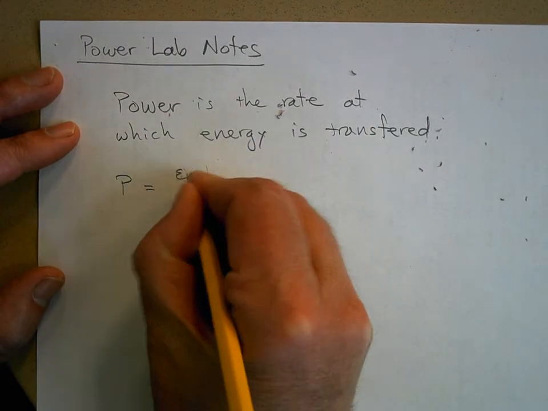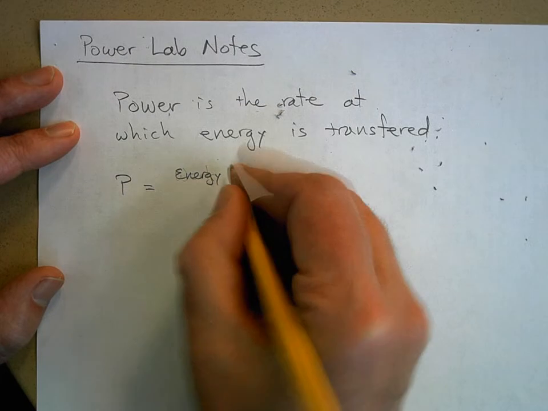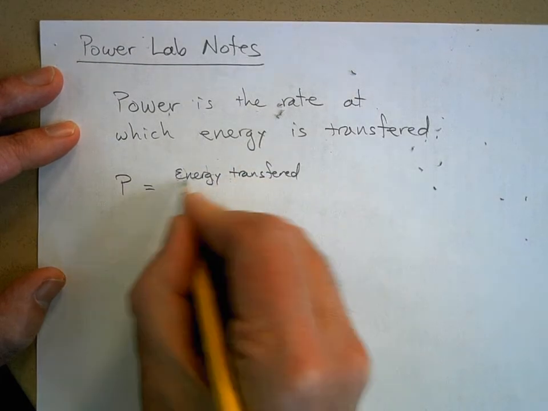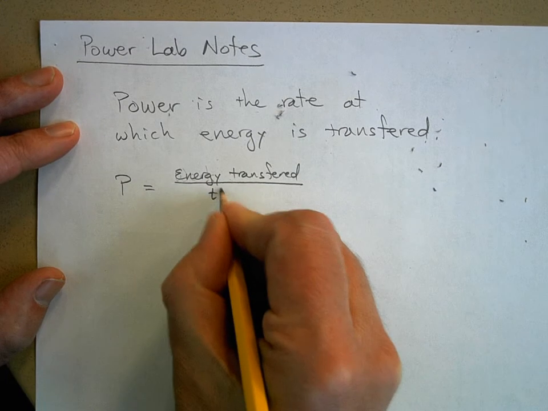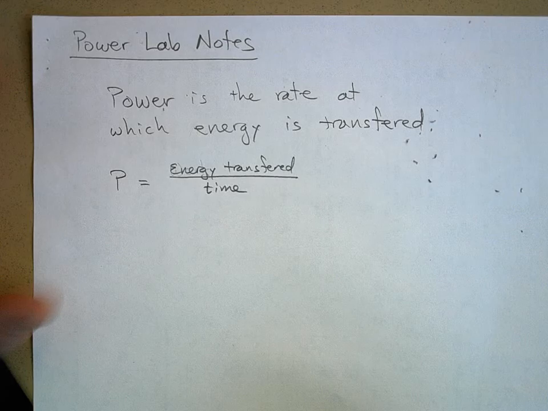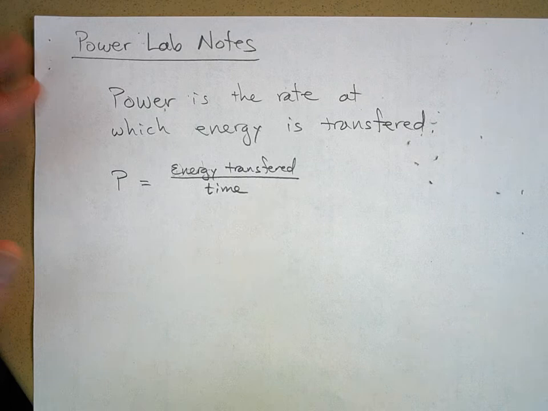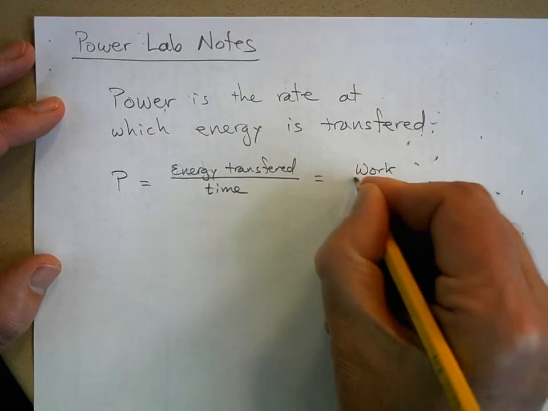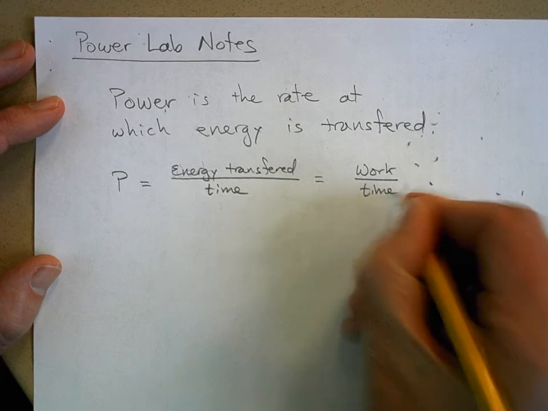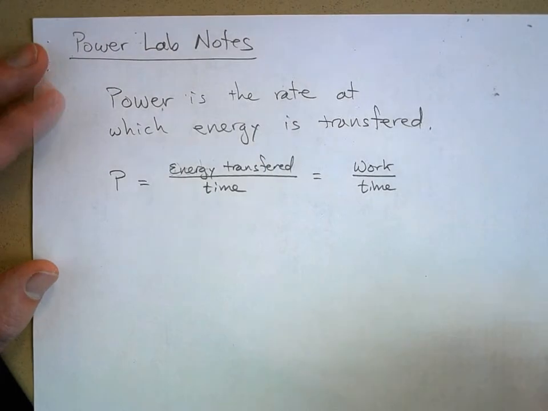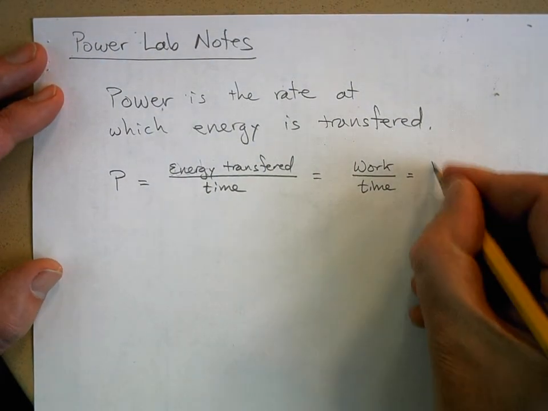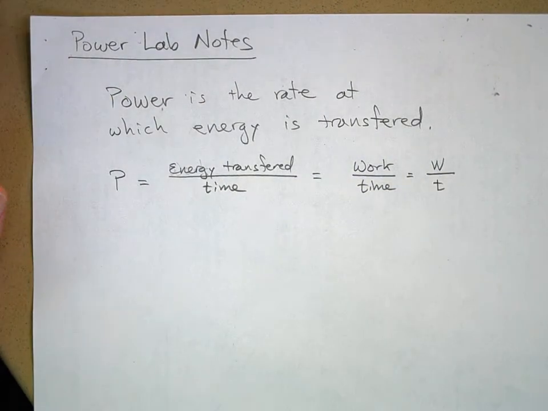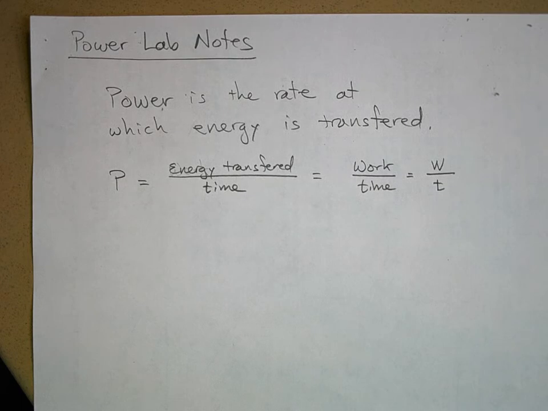So energy transferred divided by time, and that's what we mean by a rate, the time rate. Now, we're going to call this work over time. And what variable do we use for work? W over T. Work over time. Okay.